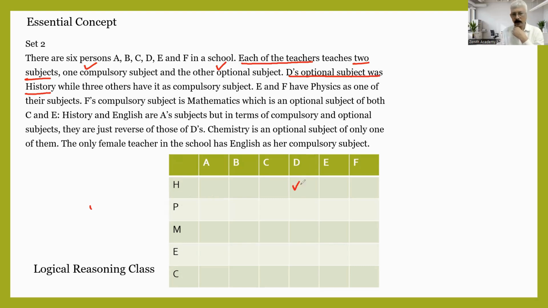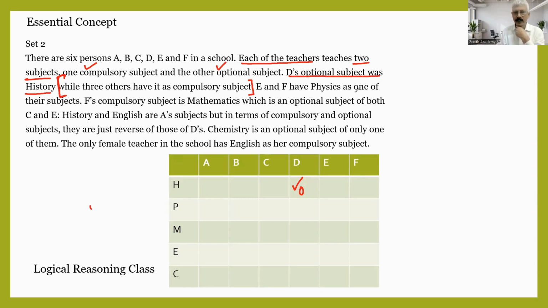D's optional subject is history, while three others have it as a compulsory subject. Right now you cannot decode who has history as a compulsory subject, so we will see this information later.